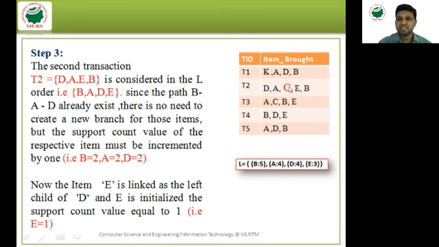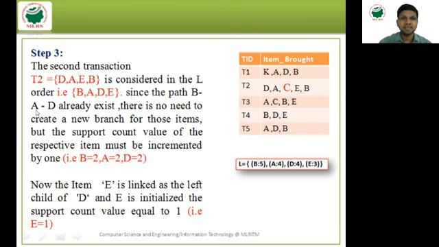Why? Because the value of C is less than 3, so I eliminated it. The D value is 4, A value 4, E value 3, B is 5. So arranging by the L order list, that is BADE: B5, A4, D4, E3.